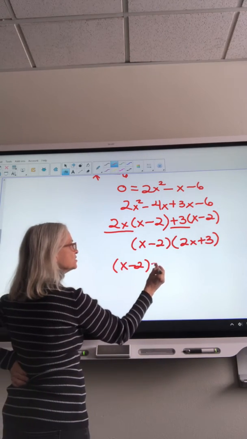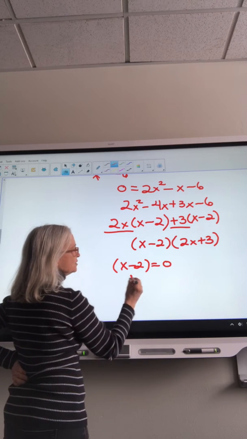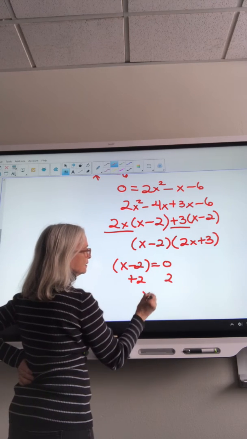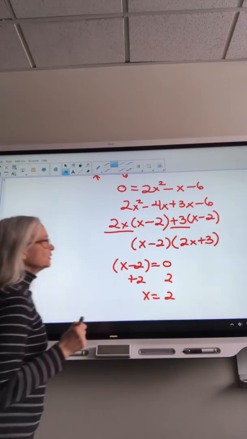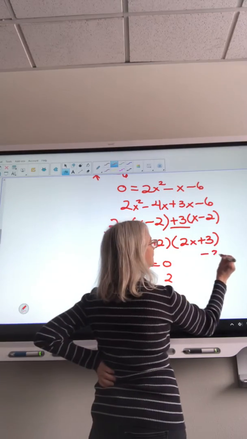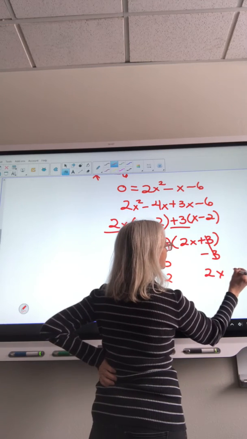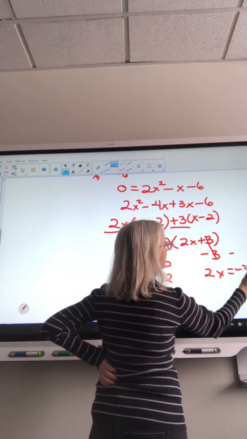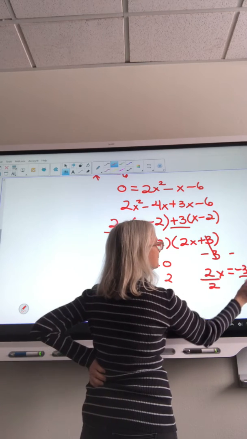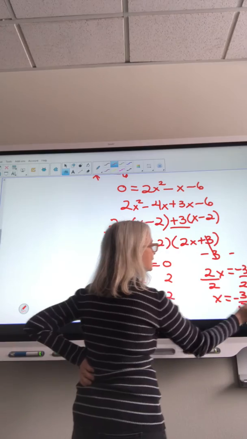So x minus 2, if we were to add 2, then x would equal 2. And then here, if we would take away 3, and then divide by 2, then x would also be equal to a negative 3/2.